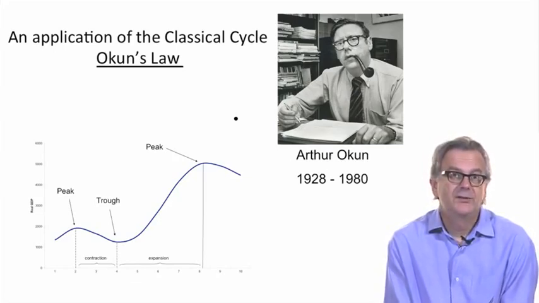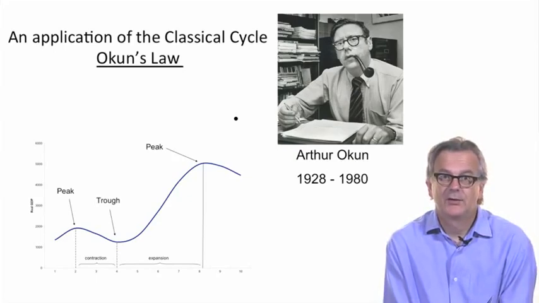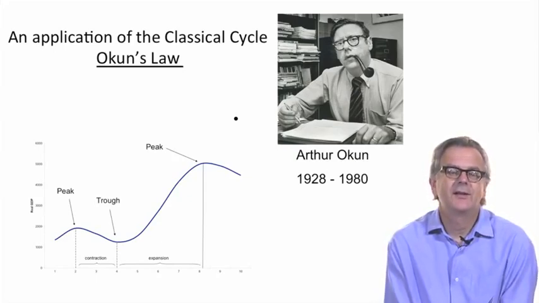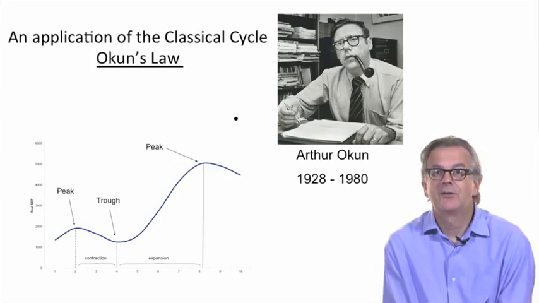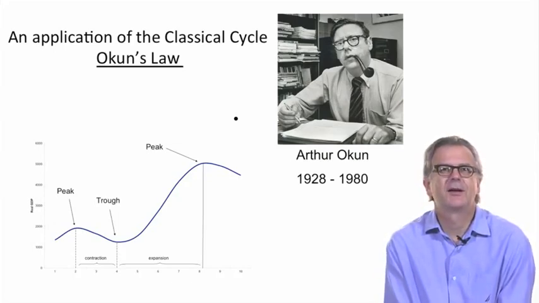And Okun was interested in this issue of the classical cycle, and he was interested in the issue I was talking about earlier, about the interrelationship between gross domestic product and particularly unemployment. Okun was less concerned in his analysis about any interrelationship with inflation.